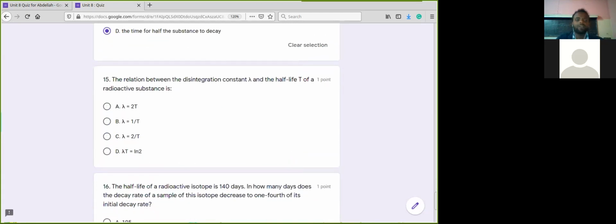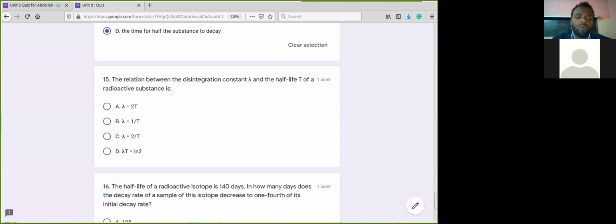And let's see question number 15. The relationship between the disintegration constant lambda and the half-life T. If the half-life is T of a radioactive substance, A, lambda is equal to 2T; B, lambda is 1 over T; C, lambda is 2 over the period; D, lambda times T equals ln 2.